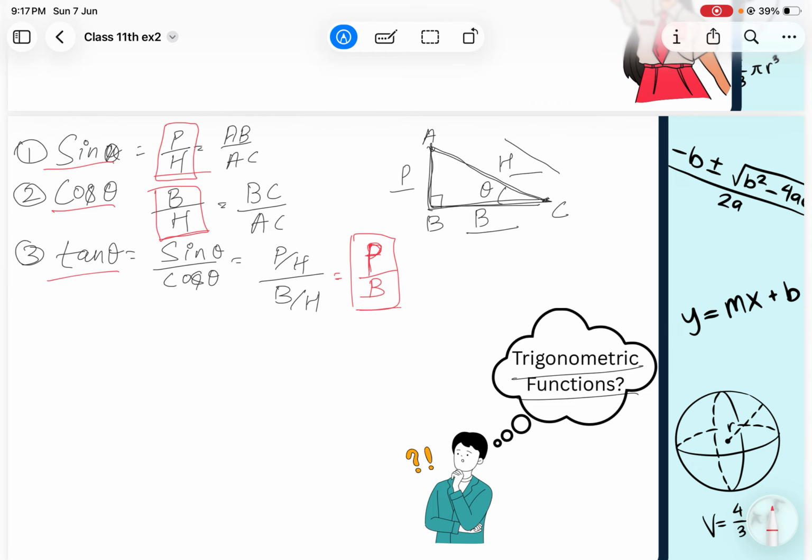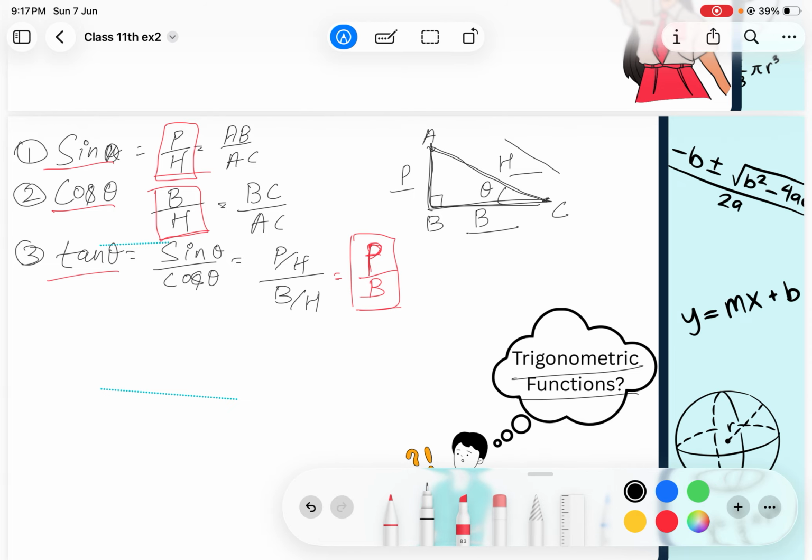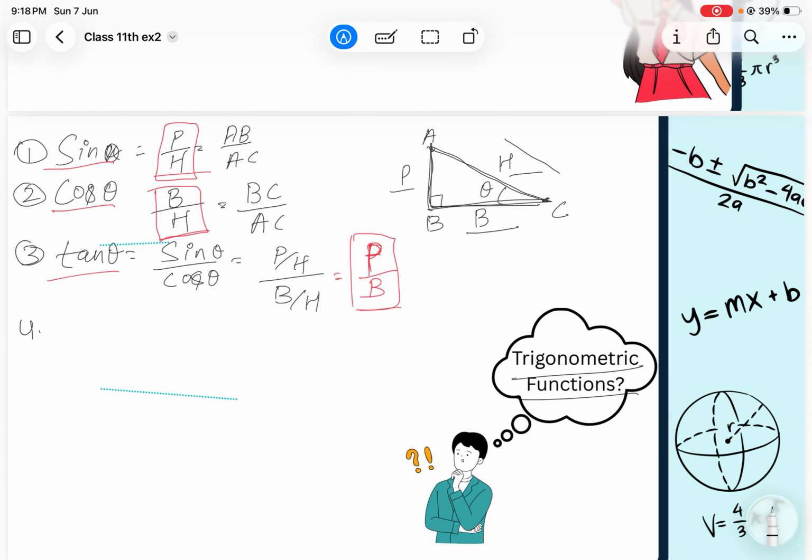Okay. Now we have the fourth function, that is cosec, and cosec is 1 by sin theta. So 1 by sin theta means hypotenuse by P, perpendicular.